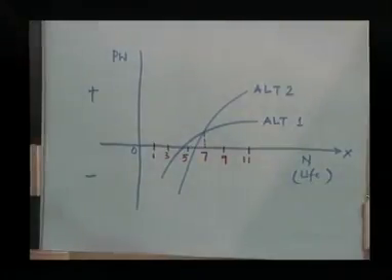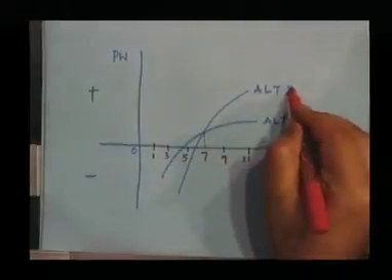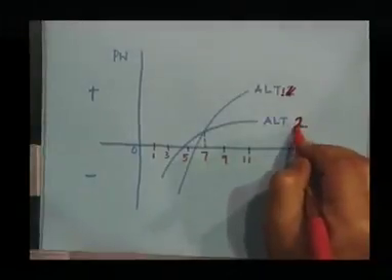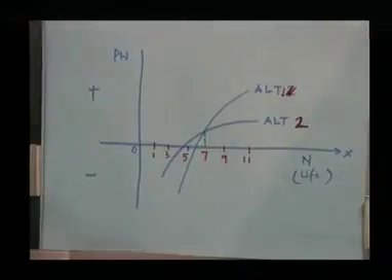Now, can you interpret this diagram? It says that it would be better to go for alternative 2 if you expect that life is more than 7 years. If you see this particular problem, it could be alternative 1 and this could be alternative 2. If you want to talk in terms of this particular problem, what do you find here?